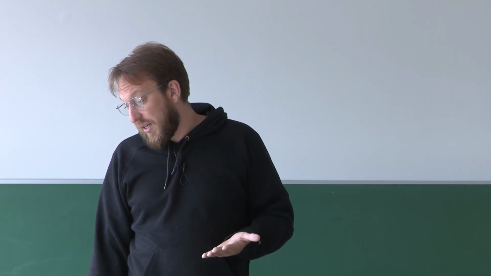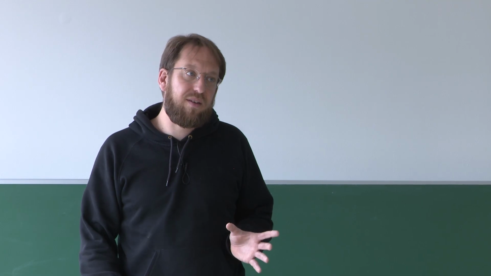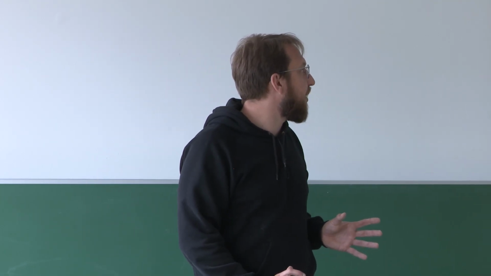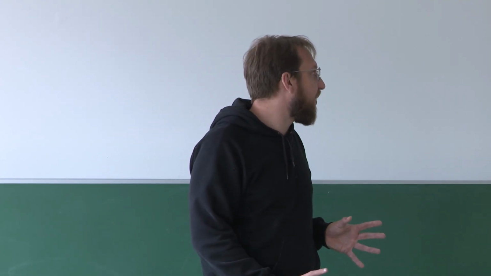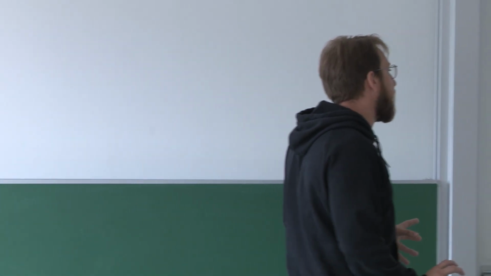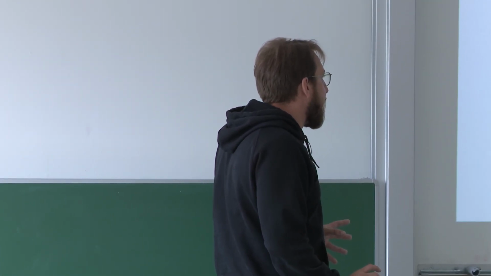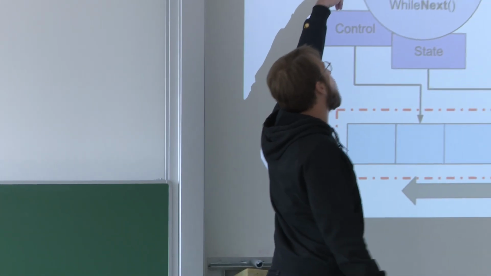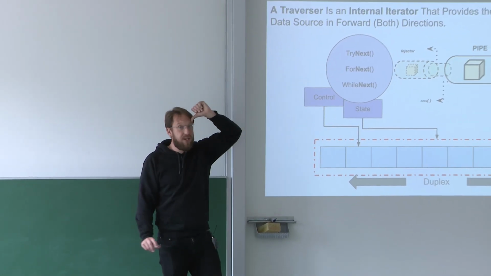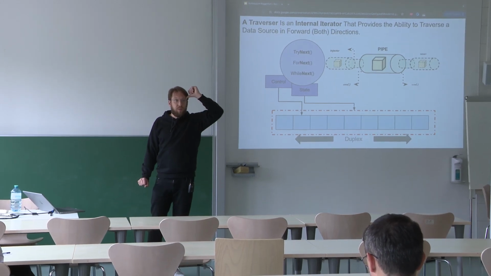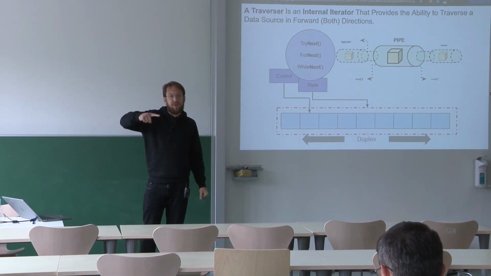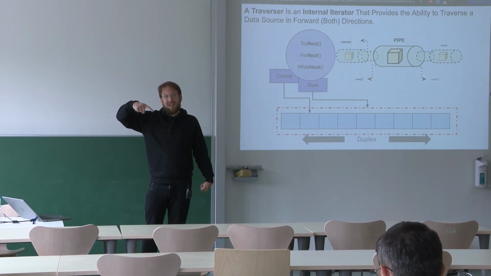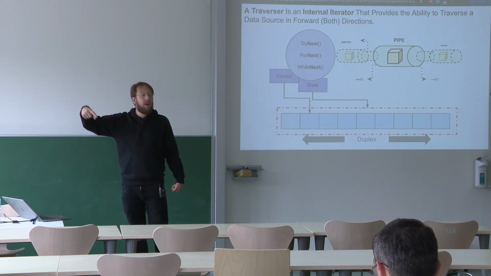So a traverser is an internal iterator that provides the ability to traverse a data source in a forward, so far in a forward direction, but we also have duplex iterators implemented now. So the idea is that there are different iterator protocols. So we have things like a try next, which is super heavy because after each iteration, you kind of like ask again whether it's possible to do the next one.